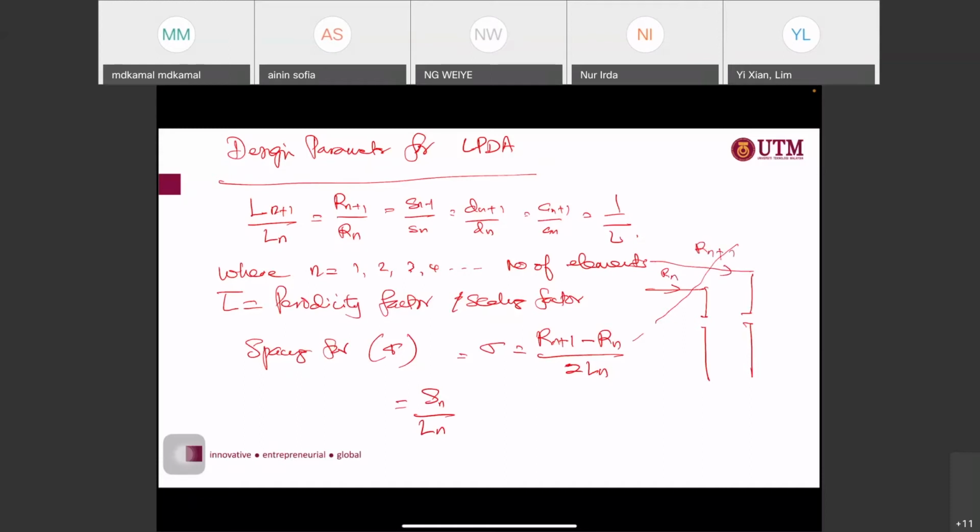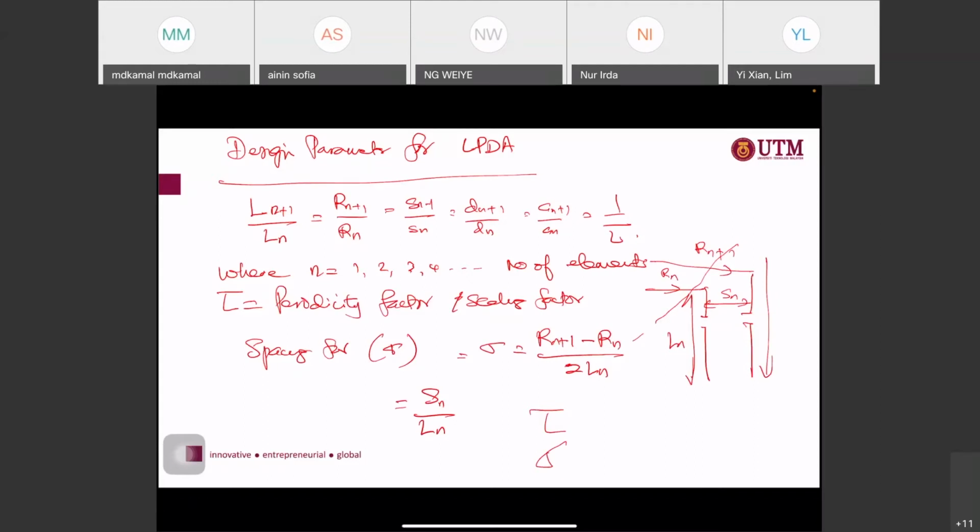The difference between these is your Sn, over 2 Ln, where Ln is this one. So these are the two important things in the log periodic types of antenna. The first one is your tau scaling factor, and the second one is your sigma spacing.